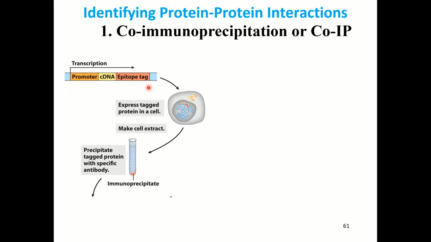So you express this tagged protein in a cell. Then you get the cell extract, and you precipitate that tagged protein with a specific antibody attached to a bead or something that can be separated from the solution. Your protein with the epitope tag will bind to that bead and be pulled out of solution. And that's what's known as the immunoprecipitate.